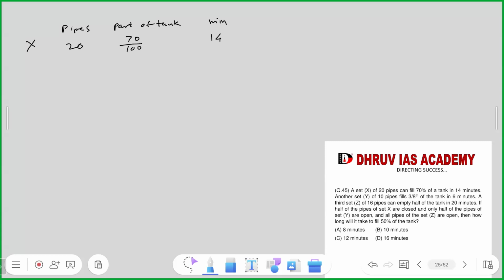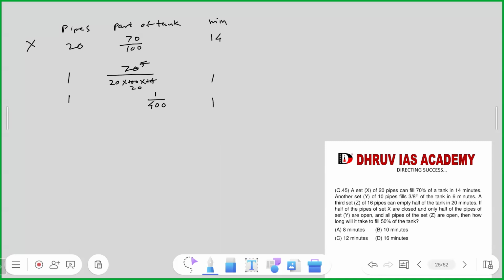Okay. So one pipe in 1 minute. To find out one pipe in 1 minute, it will be 70 upon 20 into 100 into 14. So it is 1 by 400. That means for set X, one pipe in 1 minute can fill up 1 by 400 of the tank.